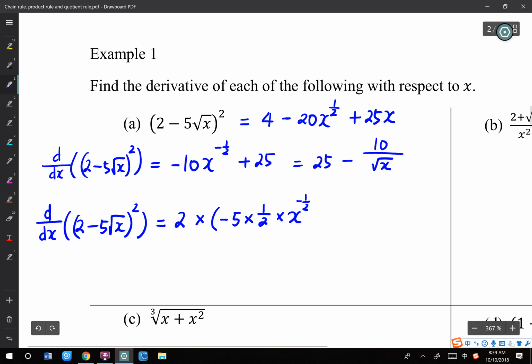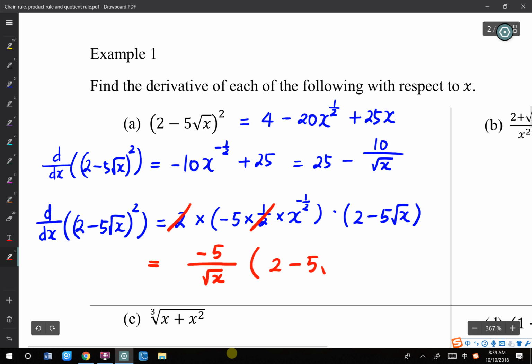Bring the half down and subtract the power by 1. And the third step is reduce the whole function power by 1. So 2 reduced by 1 is just 1, so to the power of 1. I can just do some simplifications. This 2 and this half get cancelled. What I have is minus 5 over square root x, times (2 minus 5 root x). We can have that.